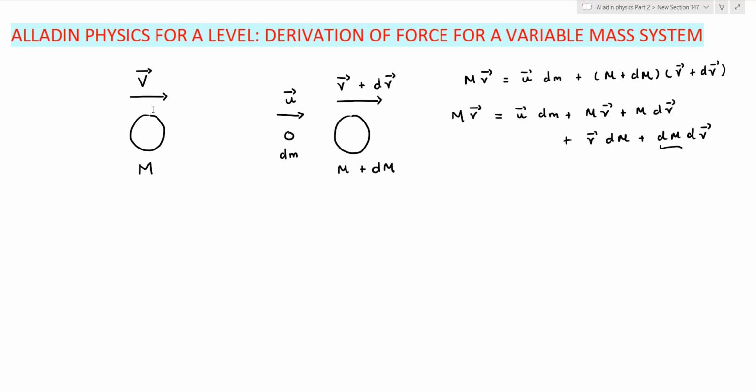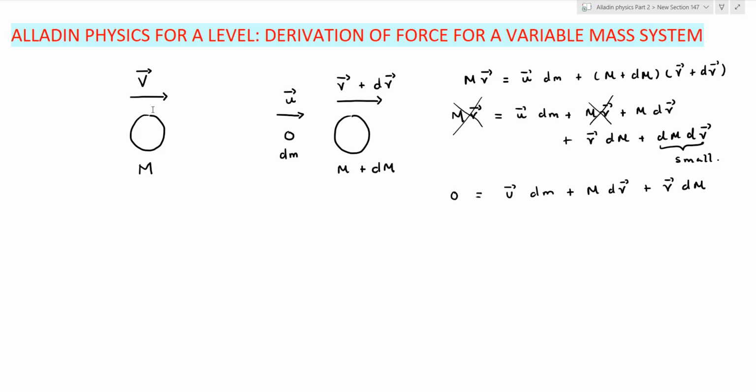Now this term can be removed because it's small. We can remove that term, and we can remove that term as well because it cancels. So we end up with u dm plus m dv vector plus v vector dm.